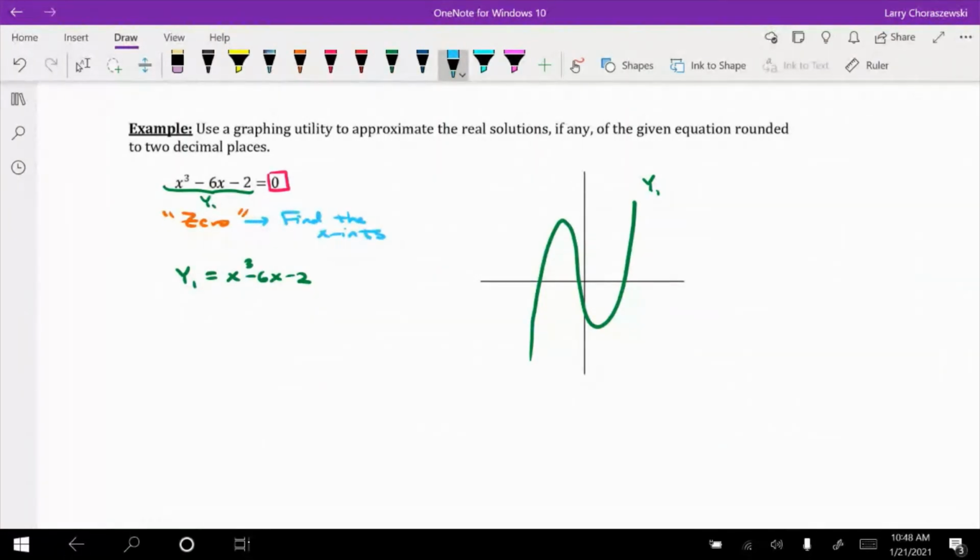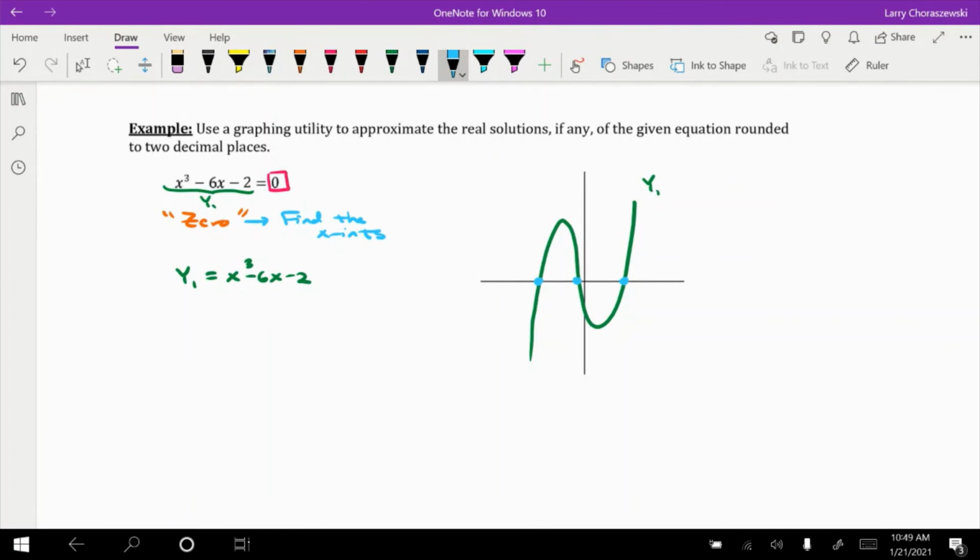But our equation from the last time had 3 solutions, and we should expect there to be 3 solutions with this equation as well, since it's just a rewrite. And you'll notice that on this graph that we have 3 x-intercepts. And each of these x-intercepts is going to be a solution to this equation. Now, we'll have to use the zero feature to find each of them.